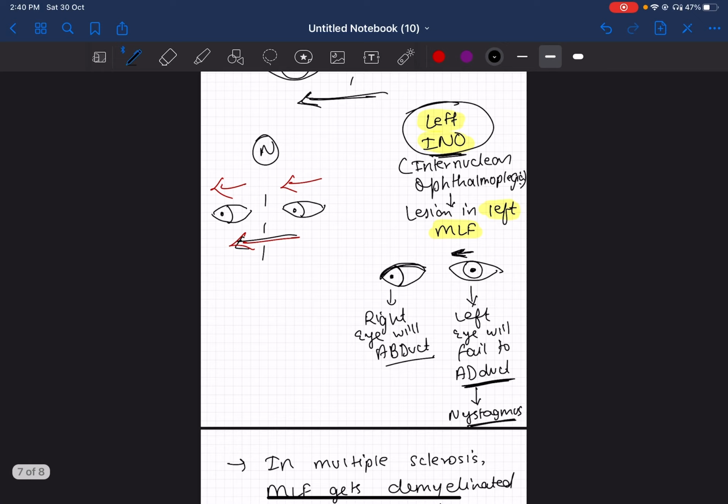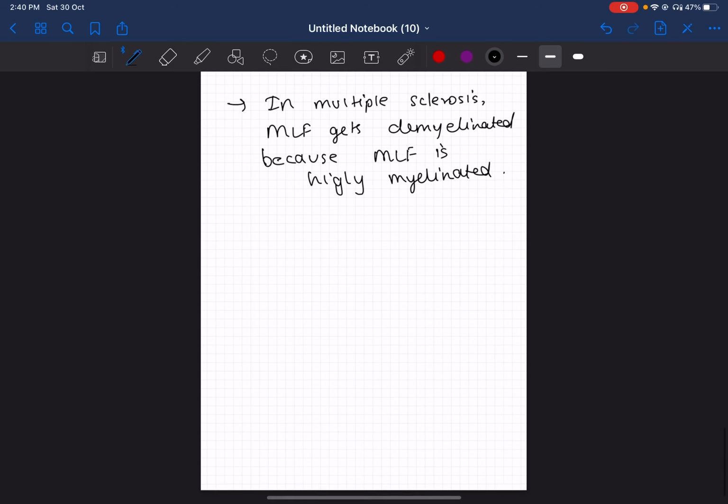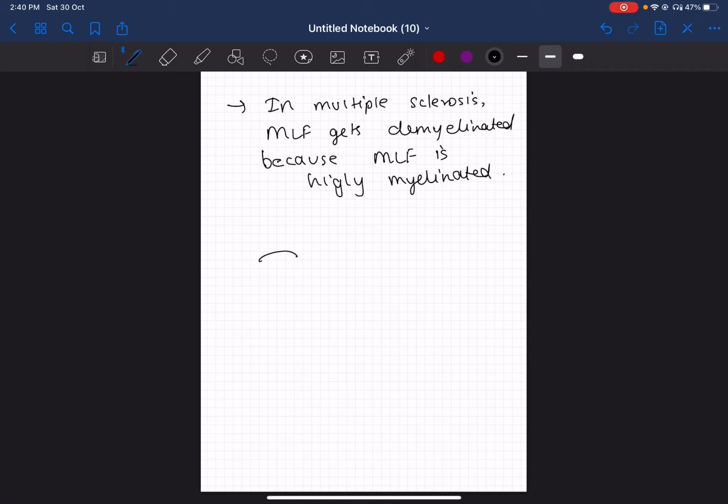And we can also name it by which eye does not adduct. The eye which does not adduct, we call it that side internuclear ophthalmoplegia. If I give you a scene like this, if a person is attempting a left-sided gaze, this is the right side, this is the left side, so the left eye will abduct, but the right eye will fail to adduct.